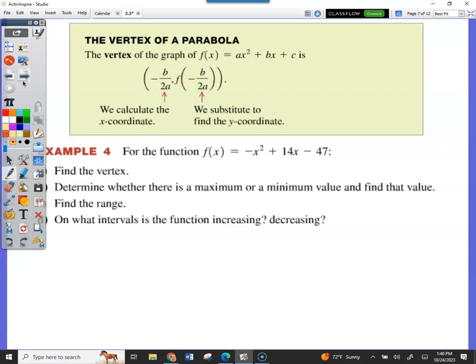You don't have to memorize that necessarily. What do you have to memorize? You need to memorize the x coordinate, negative b over 2a. We've already written that down. You need to memorize that you plug x in to get y.